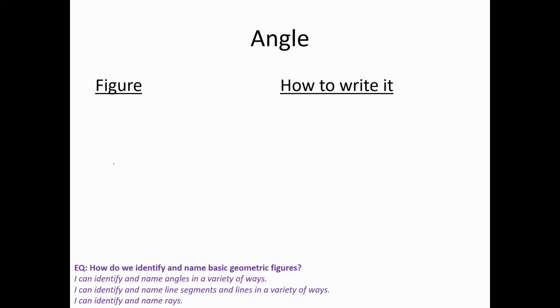So I'm going to draw an angle. An angle, first of all, is composed of 2 rays that meet at the same endpoint. So here's my endpoint. I'm going to draw a ray this way, and I'm going to draw a ray out this way. So an angle is 2 rays. I'm going to add in some points so I can name these rays.